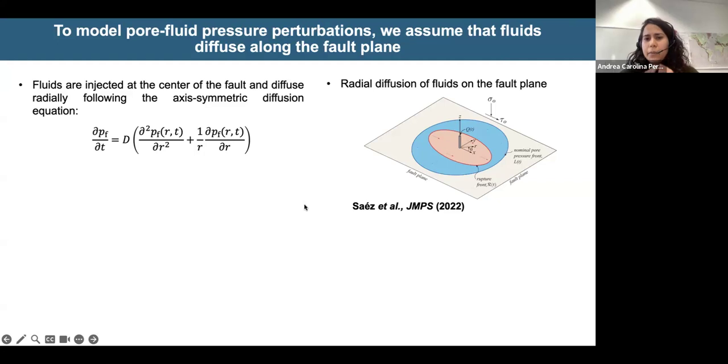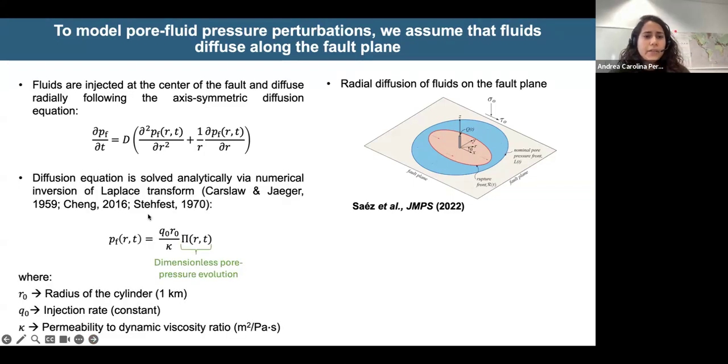So basically we don't account for fault-normal migration of fluids, only along the fault, and this is consistent with observations in that fault-parallel permeability is larger than fault-normal. So we expect that the fluids will be moving along the fault and not normal to the fault preferentially.